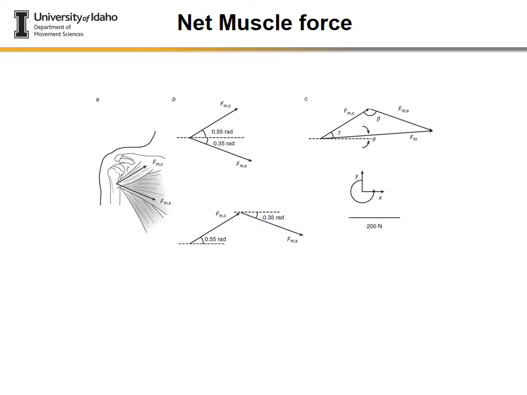To calculate this, you would add and create the two vectors coming together, and then use the law of sines and cosines to calculate the magnitude of the force of the total muscle pull on the humerus. So understand that the net muscle force is that you're often going to generate force production together, but you'll have to add the two vector components together to give you the resultant force of the pull on the humerus during the calculation.